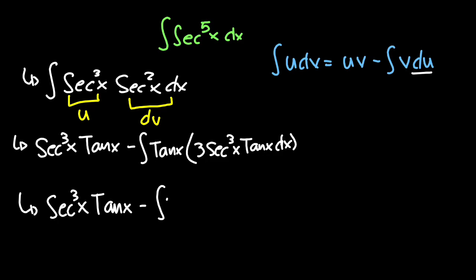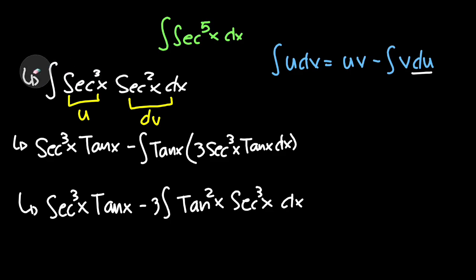So this would be 3 tangent squared of x multiplied by what's rest, which is secant cube of x dx. Actually, since what we have here is a coefficient, we can put it outside the integral. So like that.